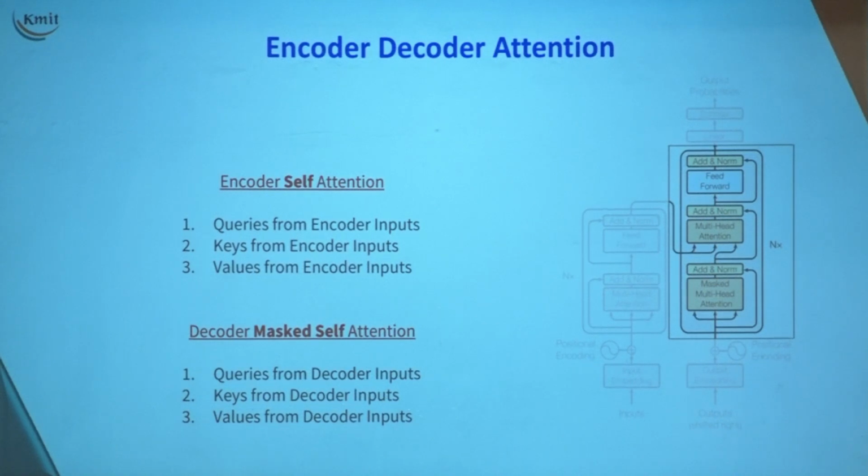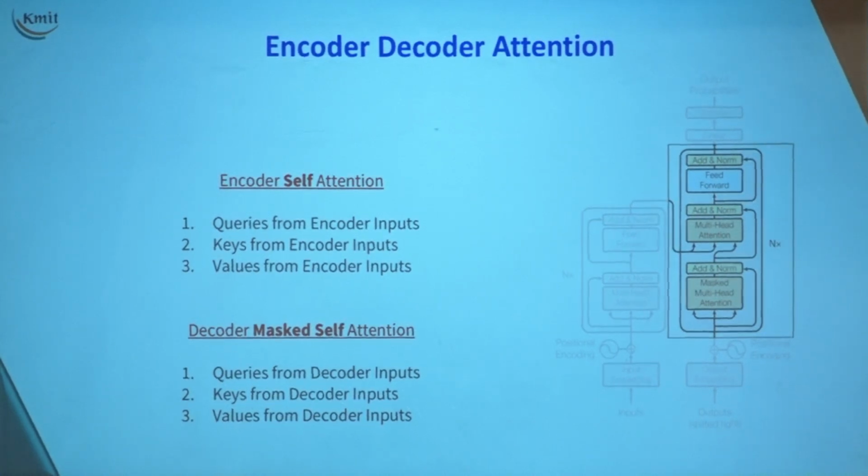Self-attention and cross-attention. In the encoder MHA, Q, K, V are from the same block, right? So this is called self-attention. When I talk about the decoder, in masked multi-head attention, Q, K, V are from the same place, right? So here also it is self-attention. In the decoder MHA, Q is from the decoder, K, V are from the encoder.